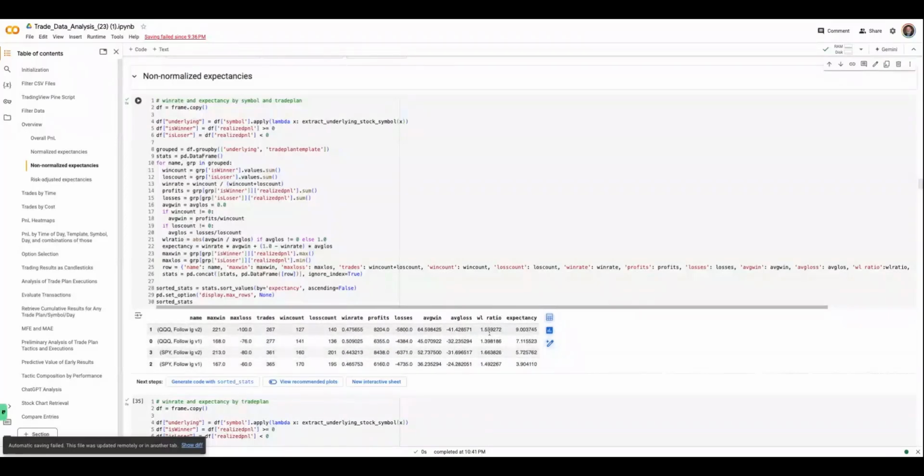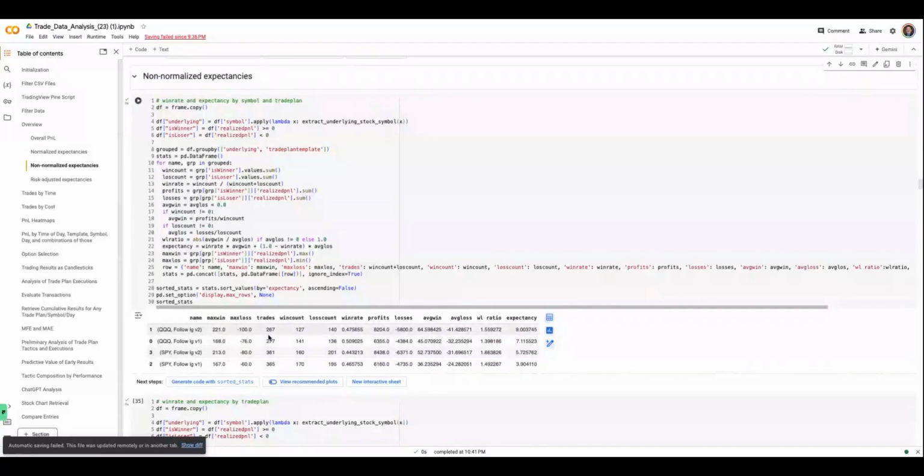But the key is the win-loss ratio, so the average winner to the average loser. And so these expectancies are in dollars. We have normalized expectancies and risk-adjusted expectancies. But anyway, the max wins for V2 are over $200, and the max loss is right at 100 or even 80.